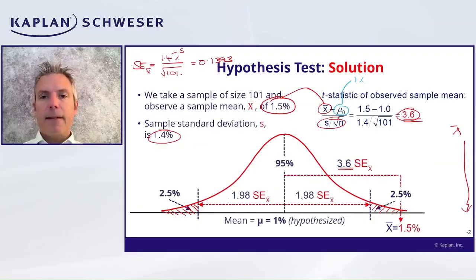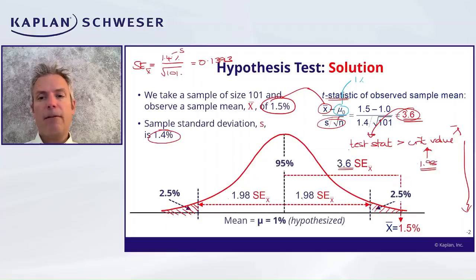Now this is called a t-statistic of the test, sometimes referred to as a test statistic more generally. We've seen that our test stat is greater than a critical value, all right? The test stat is something you always calculate, 3.6. The critical value is always something that comes from a table because it's telling you about a threshold in a distribution that we know about.